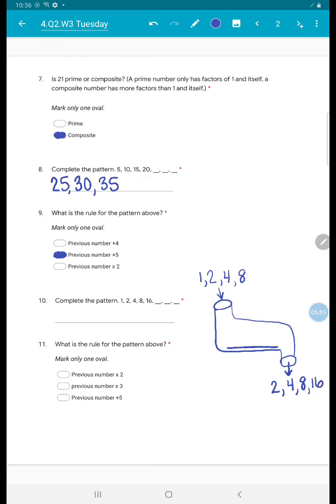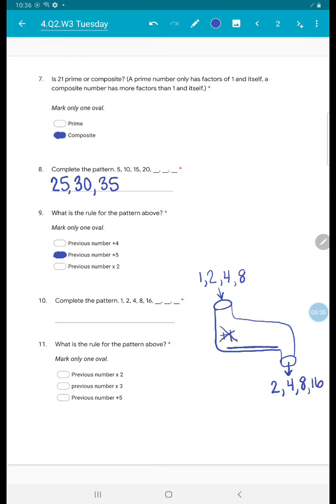So I've got to figure out what my rule is and how it's changing so that I can complete the pattern. If I put in 1 and I get 2 out, 1 plus 1 equals 2. So we'll try 1 plus 1. So then if I do 2 plus 1, I would get out 3, not 4. So I know that it can't be adding.